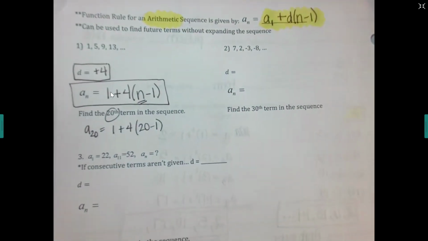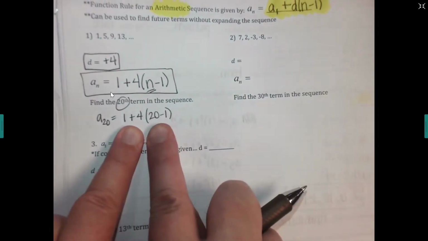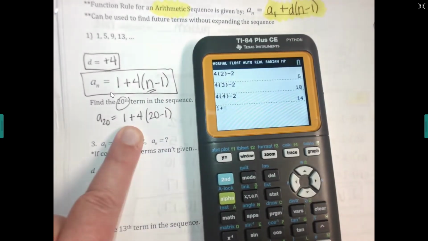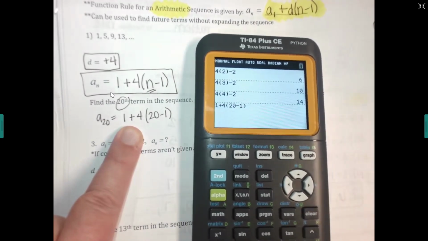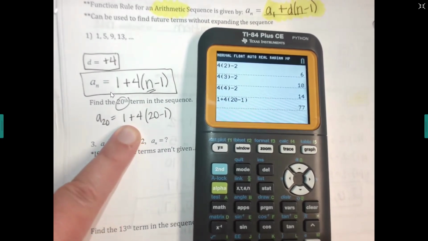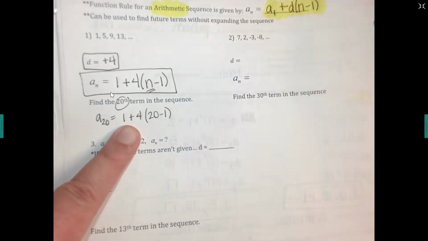And then you can just type that into the calculator and skip ahead to what that number would be without extending the list out that far. So in your calculator, can you type this in? I want 1 plus 4 times 20 take away 1, or 19. So the 20th number in my list would be 77.